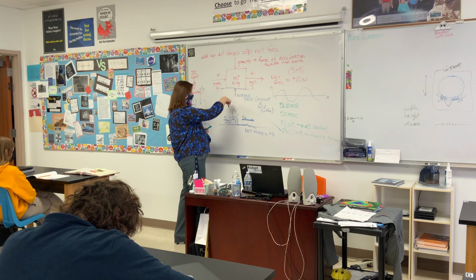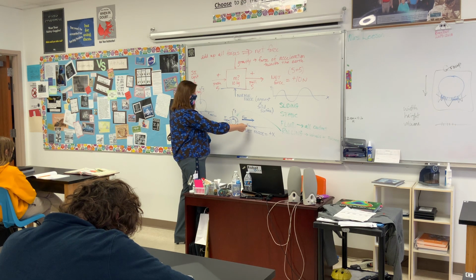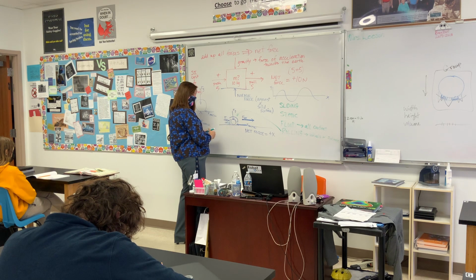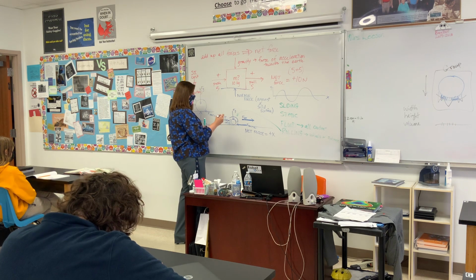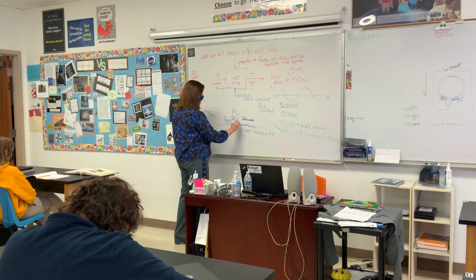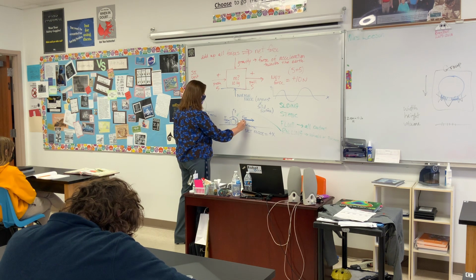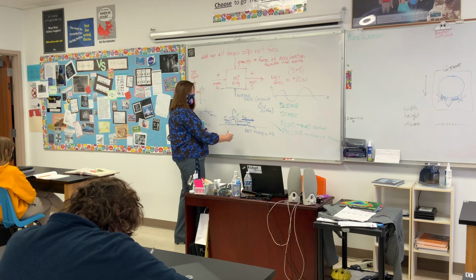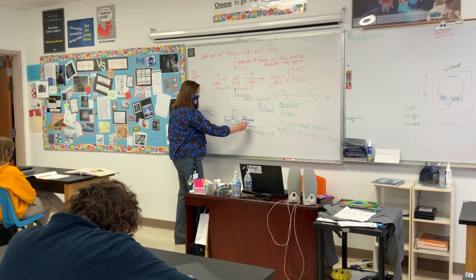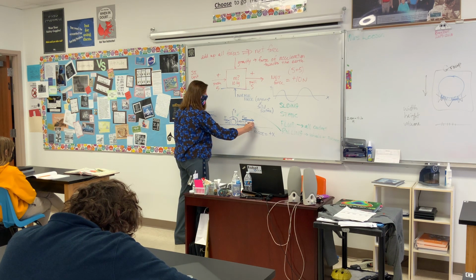We have gravity acting down. We have friction with the floor. We also have, acting in opposition, the friction of the air. Our air resistance. Right? Air resistance is still going to slow it down a little bit.